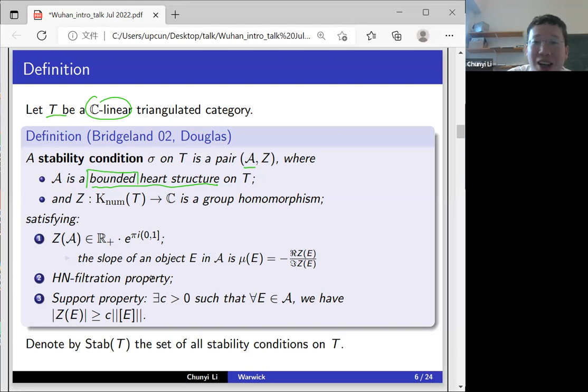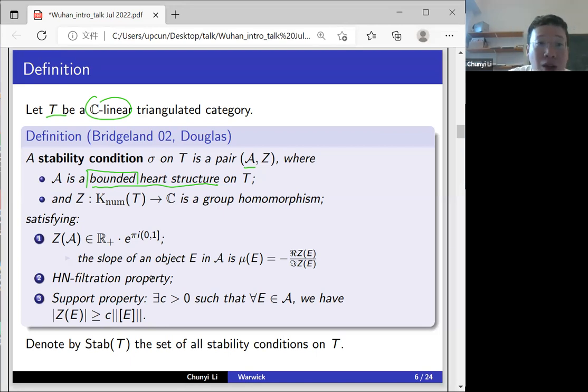And bounded just means every object is homotopic to a bounded complex, or every object can be built up by finitely many objects in the heart with homological shifts. That's what bounded means. I hope that's not a disastrous restriction for topology. I think a lot of examples are not bounded, but in my case, this D^b is by definition bounded.